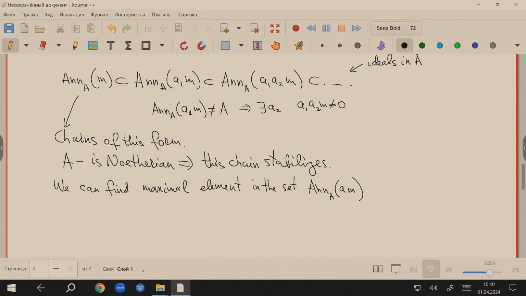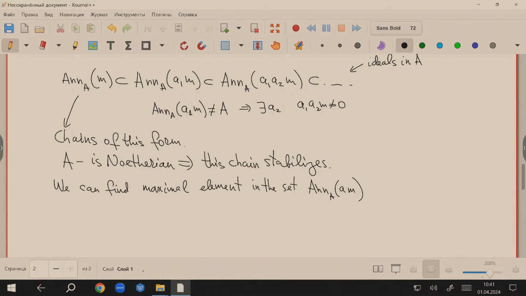If you cannot find the maximal element, then you will have the element a2, you can include it in this chain and enlarge it, and this chain will stabilize at some point.